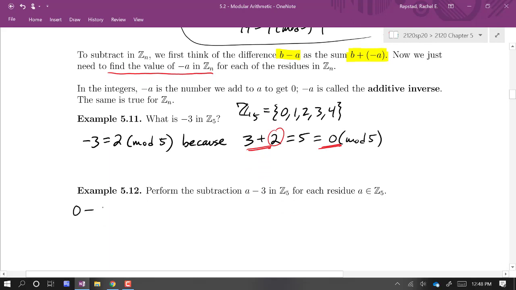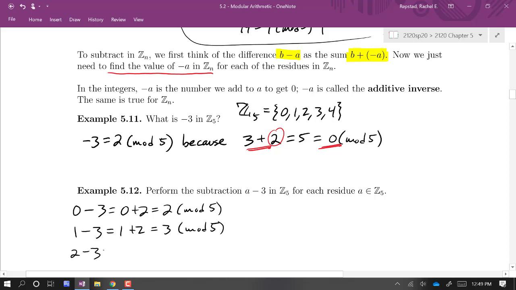So 0 minus 3 is the same as 0 plus 2, which is 2 mod 5. 1 minus 3 is the same as 1 plus 2, which is 3 mod 5. 2 minus 3 is the same as 2 plus 2, which is 4 mod 5.